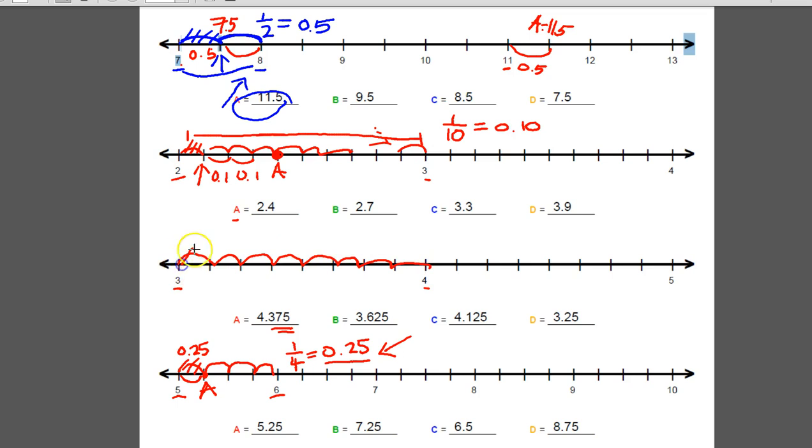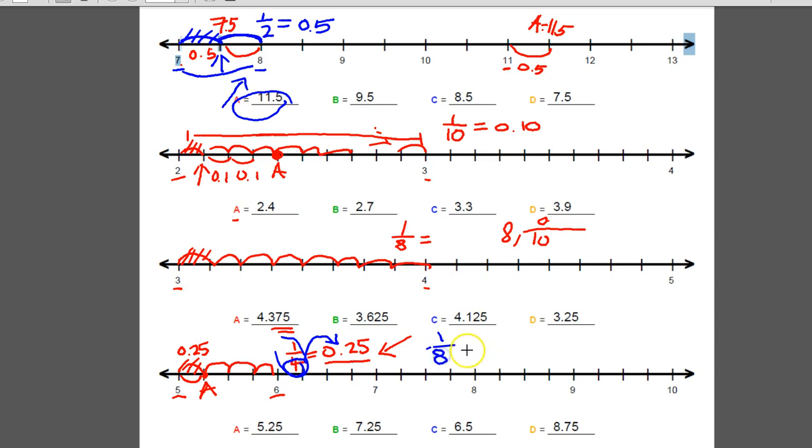If you try to figure out 1 out of 8, you can use the division method, 1 divided by 8, and then you need to borrow decimal places, and so on. But we're going to do it a simpler way.